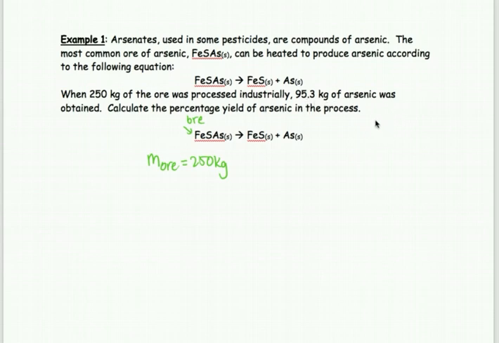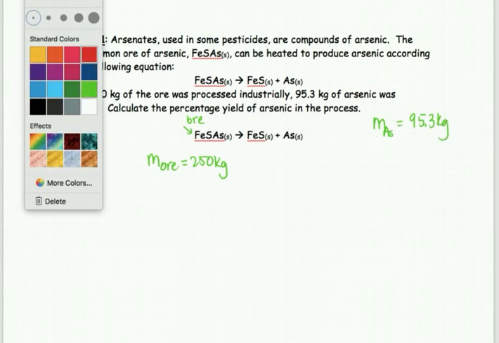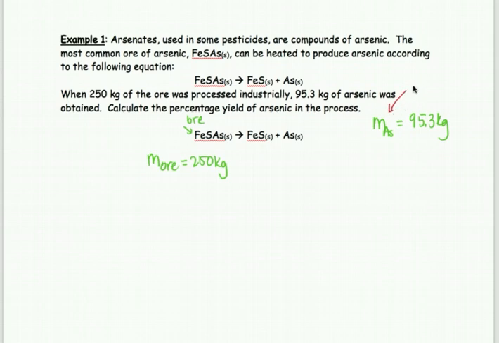That's actually the mass of arsenic, and it's the actual yield here. So it's the actual mass. We ran our experiment and this is what we actually found, okay?